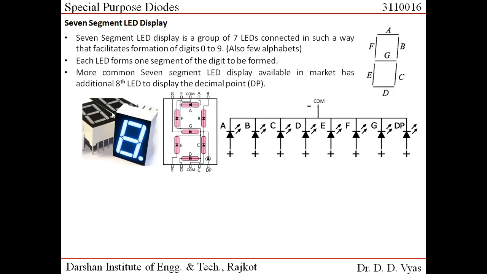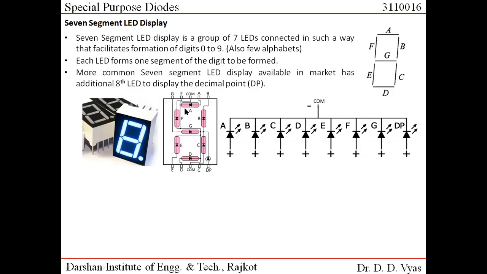So the 7-segment display consists of 7 segments and one more additional LED for the decimal point. Internally, if we try to see, these LEDs are arranged like this. You have segment A LED, segment B LED, C, D, E, F, G, and then you have one more LED for DP.